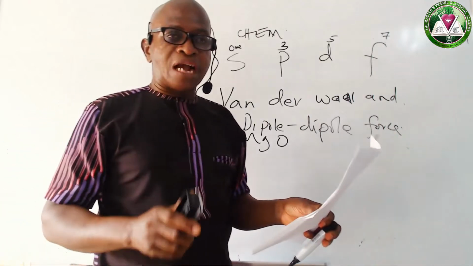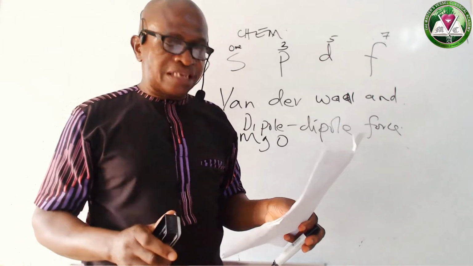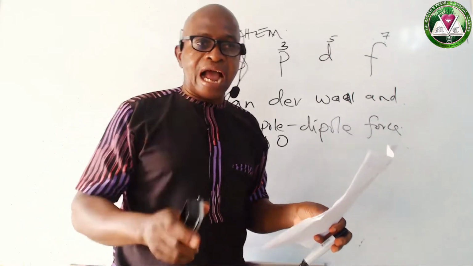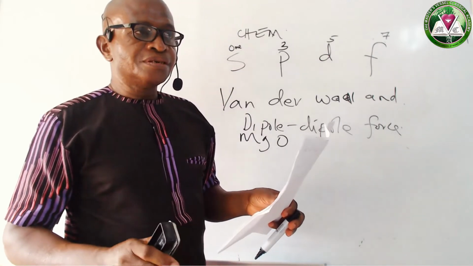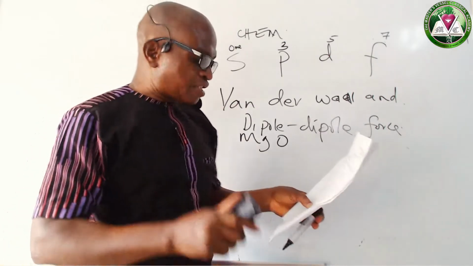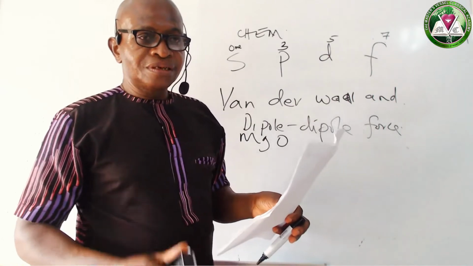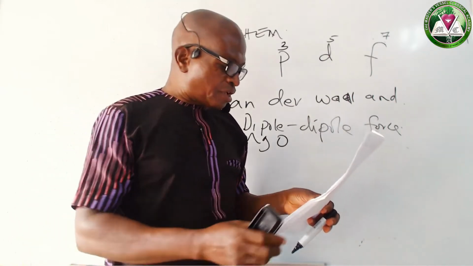Therefore, the reason you use magnesium oxide to line the inner surface of a furnace is because it has high melting point. That is to say that it is heat resistant.